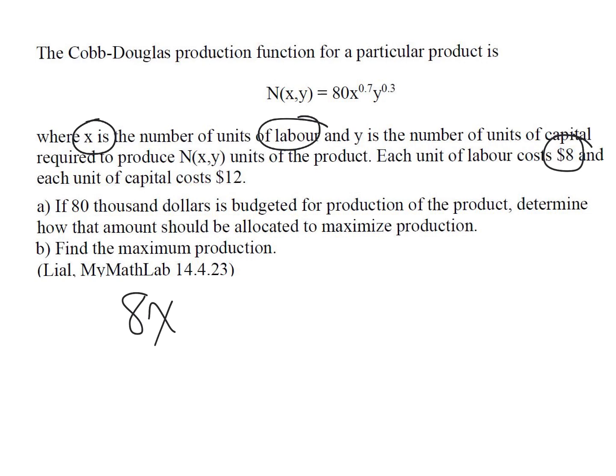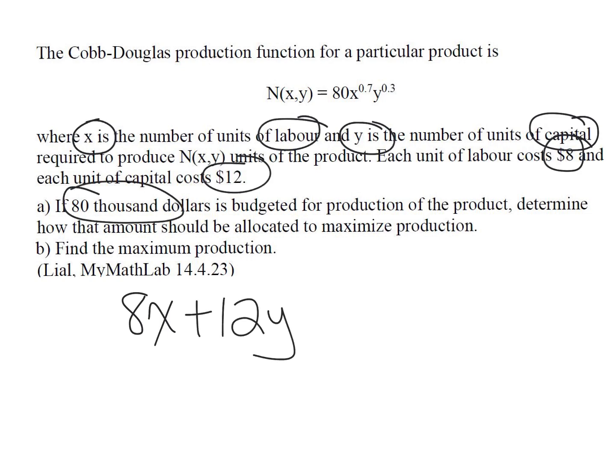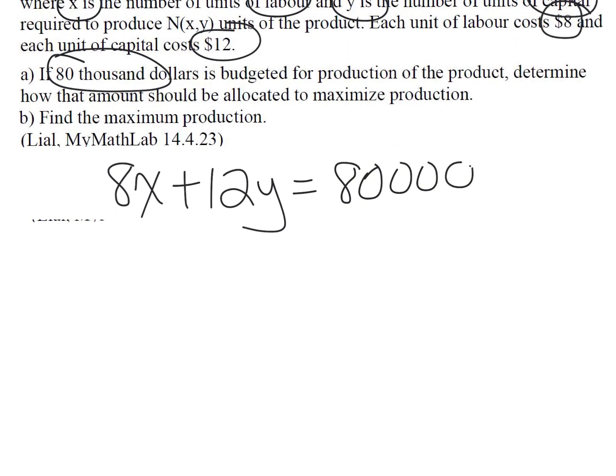We have Y being units of capital, and every unit of capital is costing $12. So plus 12Y, and we have $80,000 budgeted. So it's $80,000, yeah? Yeah, okay. So that is our constraint function.